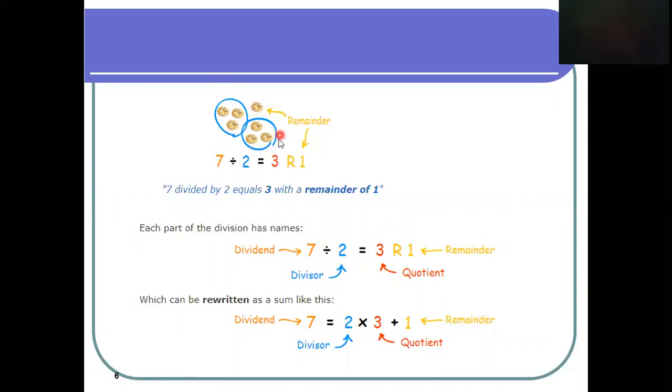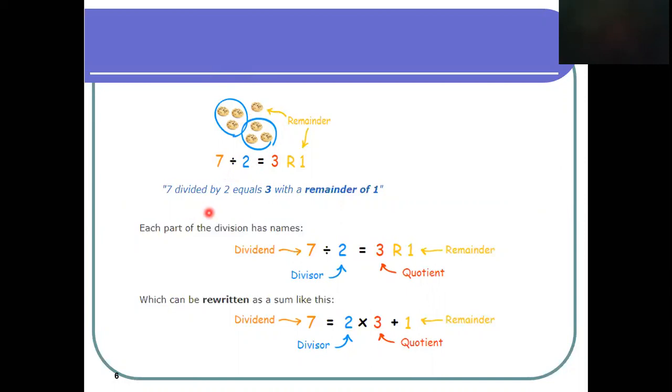If you have seven biscuits and you divide them by two, that is, a is divided by n, in that case you will get three, and the remainder is one. It means if you divide seven biscuits into two packets, then in each packet you will have three biscuits, and one biscuit will remain aside.